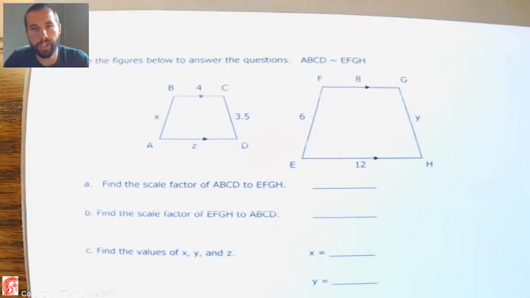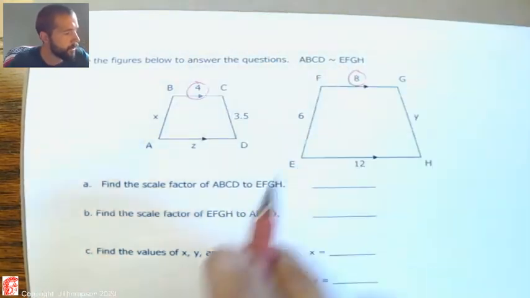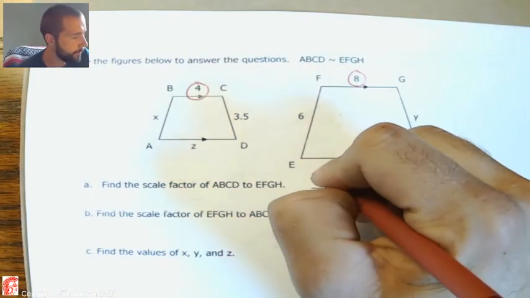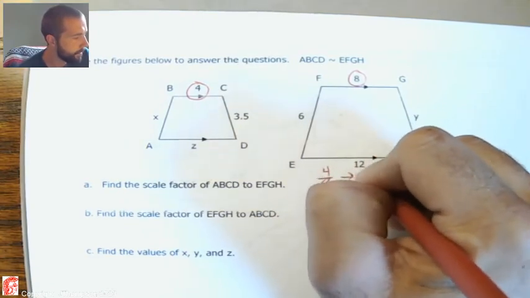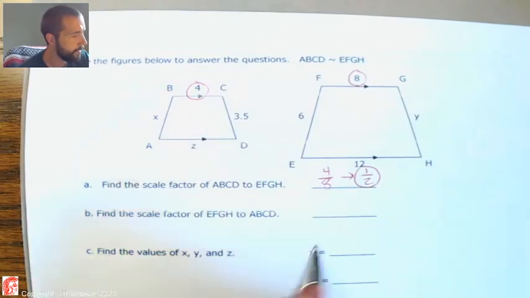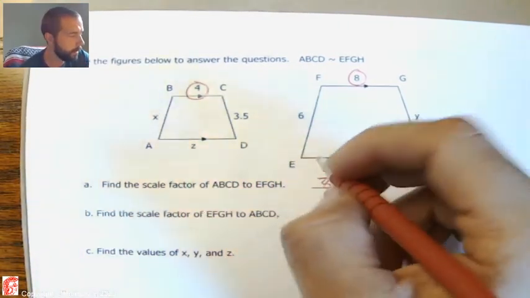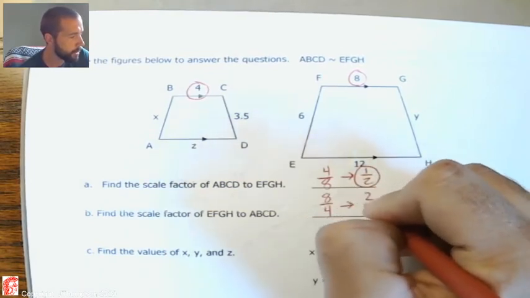Only one of those ratios involves two numbers, so we have to choose that one, and that would be 4 and 8. So the scale factor of ABCD to EFGH would be 4 over 8, and 4 over 8, as we know, reduces to 1/2. The scale factor of EFGH to ABCD would be 8 over 4, and 8 over 4 reduces to 2 over 1, or just 2.